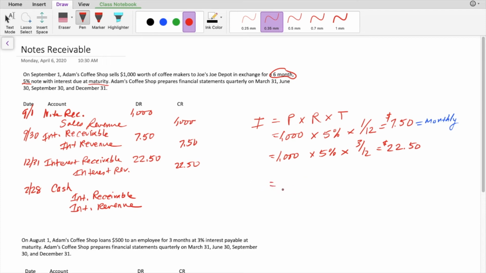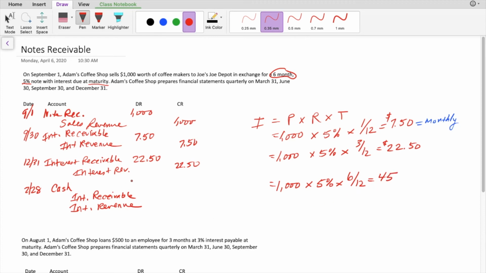My cash. How much money are they going to pay me? Well, if they owe me $1,000 and I'm charging 5% interest, and this has been 6 whole months, how much money do they owe me? Well, for interest, they owe me $45 in interest.